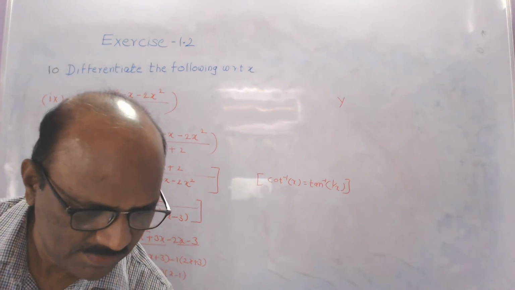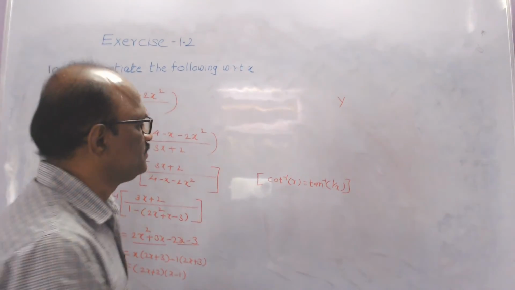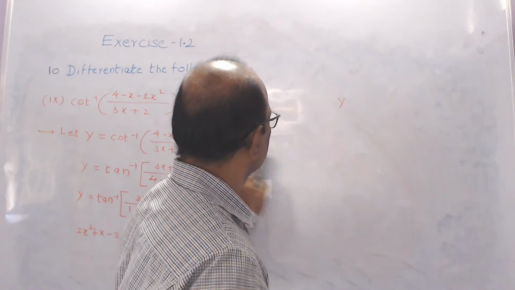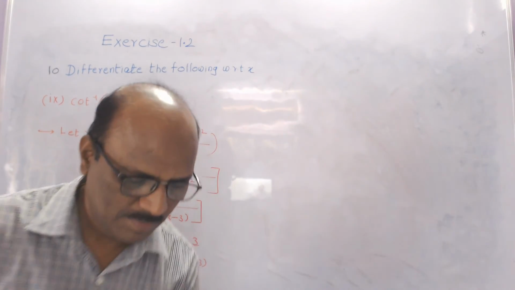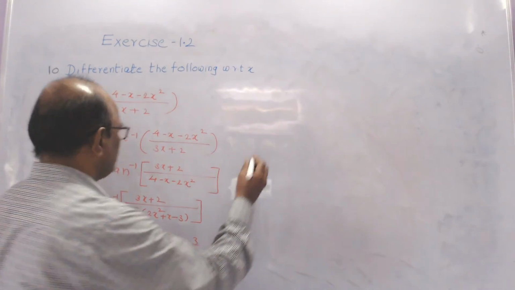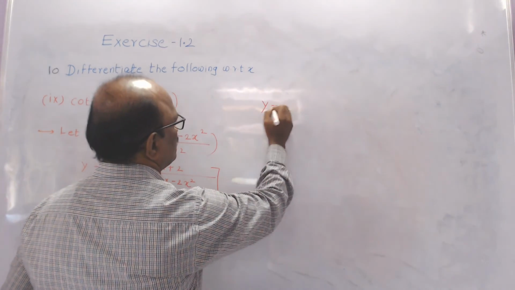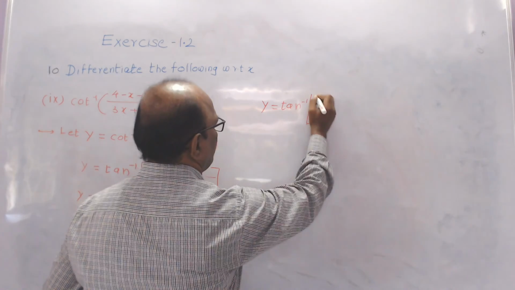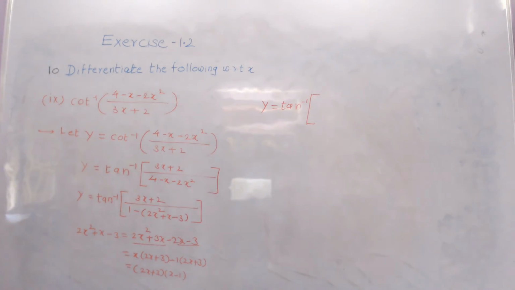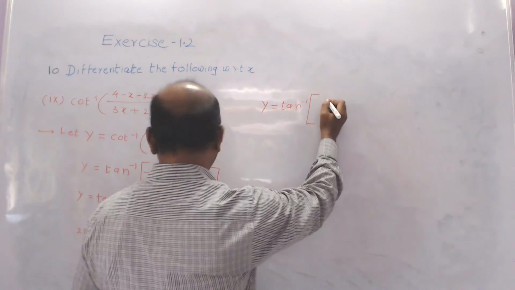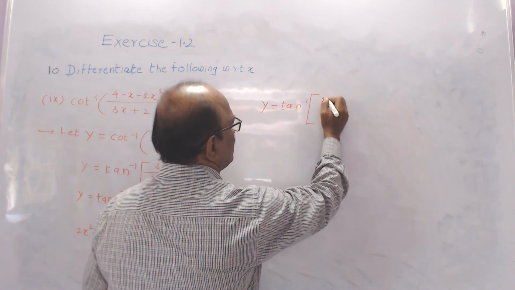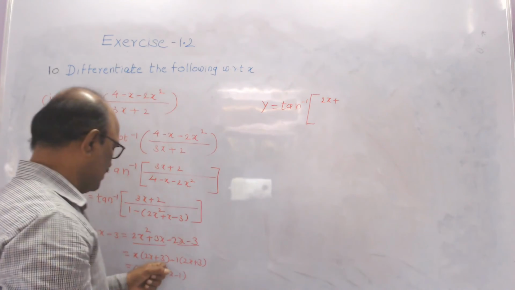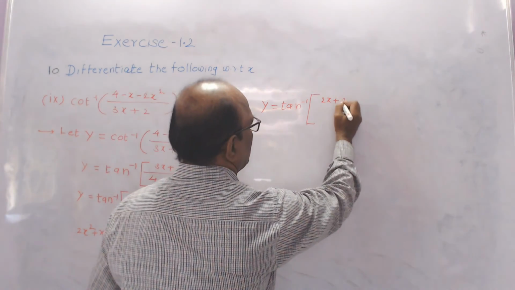And therefore this can be written as y equals tan inverse of, this 3x plus 2 can be written as 2x plus 3.